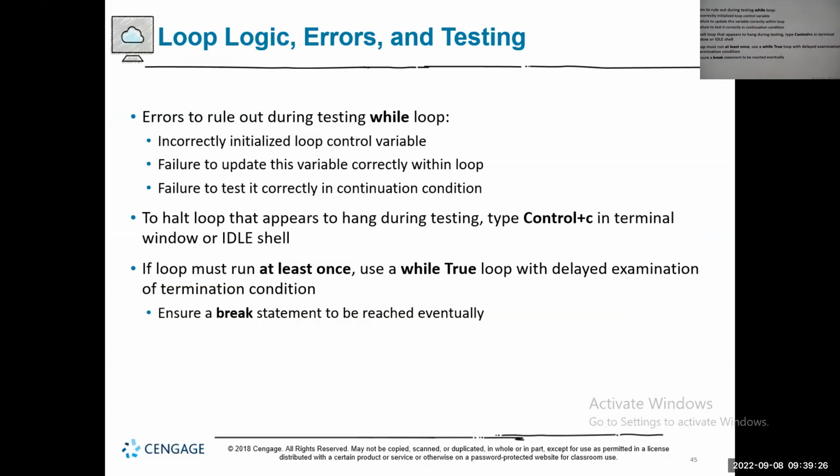Now you have the loop logic error and the testing error to rule out during testing. A while loop, incorrect initialization of the loop control variable. That is very important with this one, right? So for the while loop, you need the condition to check before you do.